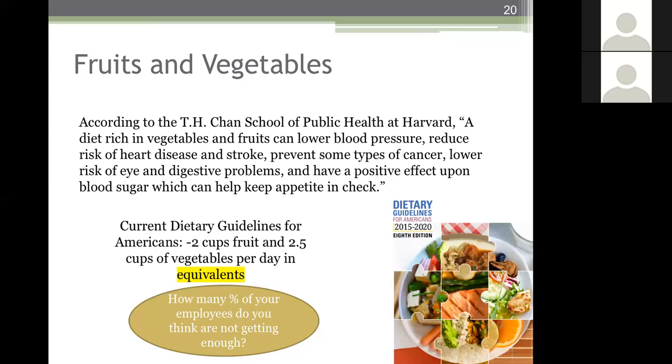If you are a benefits person listening in and you think, "Yeah, fruits and vegetables, I hear it all the time, I think my employees know what to do," well, think again. If you have an average population, chances are, based on what we know, that about 87 to 90% of them are not getting enough fruits and vegetables.